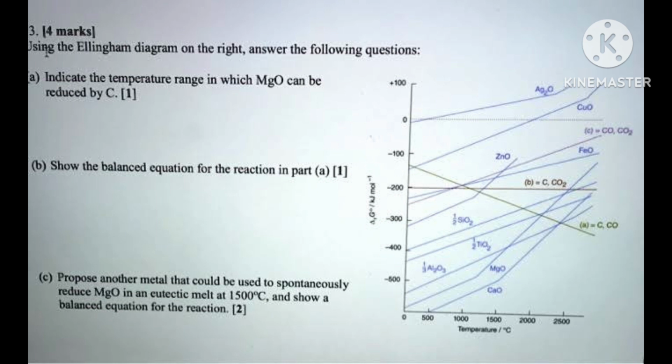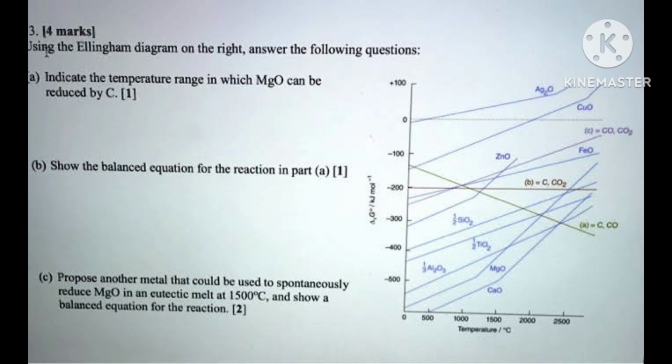Now the combined reaction you are writing: 2/3 Al2O3 plus 2Mg gives 2MgO plus 4/3 aluminum. From aluminum oxide you are getting aluminum. This reaction is what we have written above, the two reactions in a combined way.